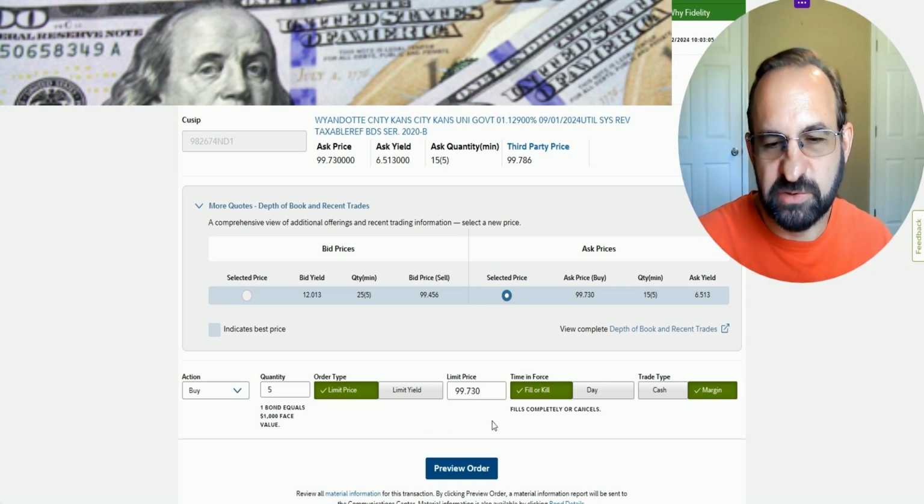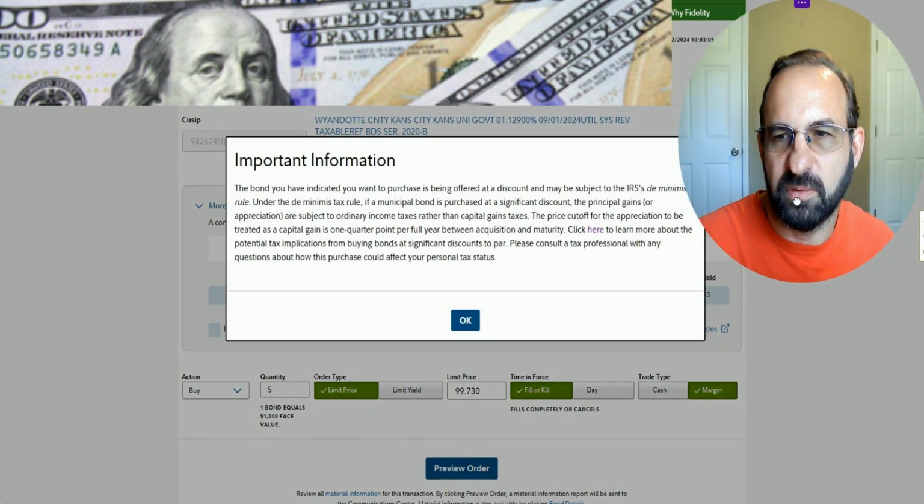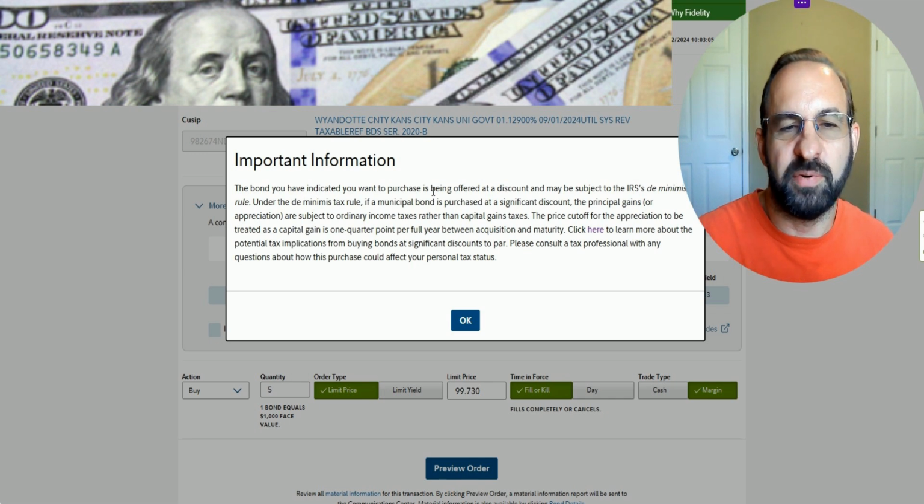I'm not buying these, but I'm going to show you something. When you hit preview order, we get a message. The bond you have indicated you want to purchase is being offered at a discount and may be subject to the IRS's de minimis rule.